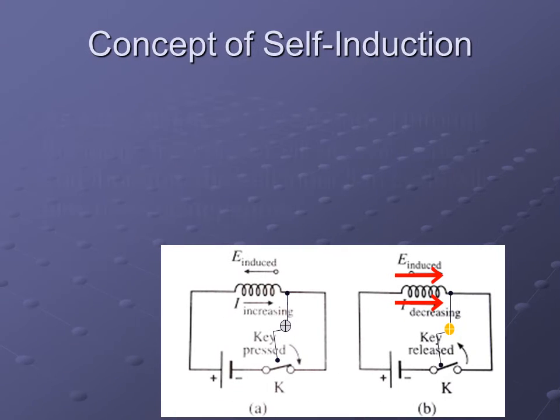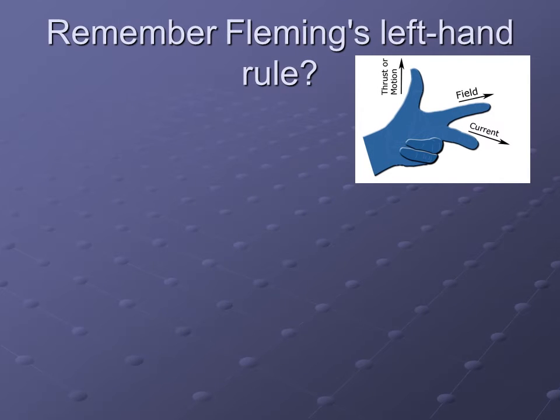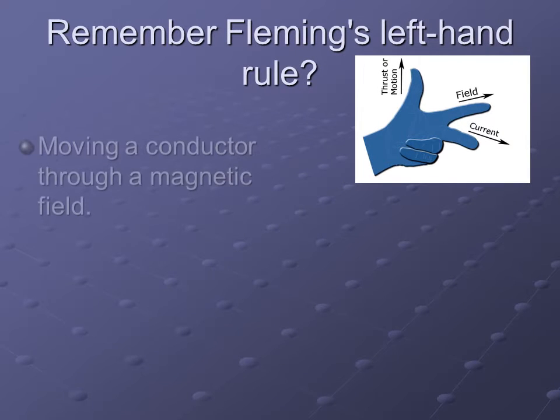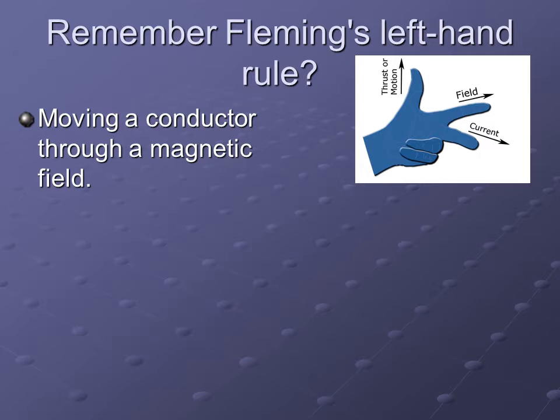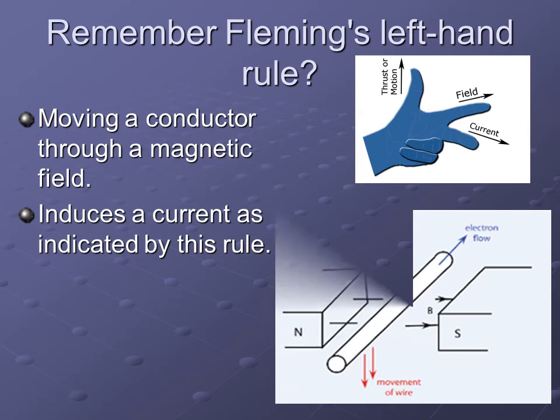As soon as the EMF is expended through the lamp, the current will also disappear, and therefore the self-induction cycle will also have disappeared. Remember Fleming's left-hand rule? Moving a conductor through a magnetic field induces a current as indicated by this rule.